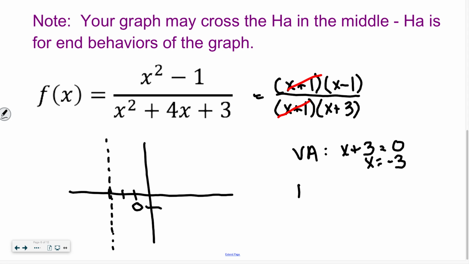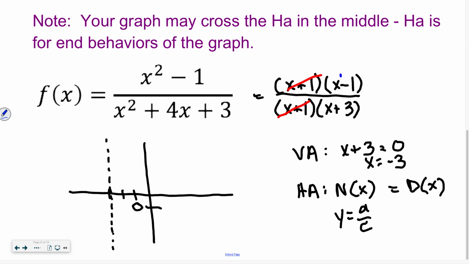And when I'm doing my horizontal asymptote, I'm going to be comparing the degree of the numerator with the degree of the denominator. You can use the original, but you can also look at the reduced function. What do you notice about the degrees? They're the same. So we've got an equals, which should be y equals a over c. Those are the leading coefficients.